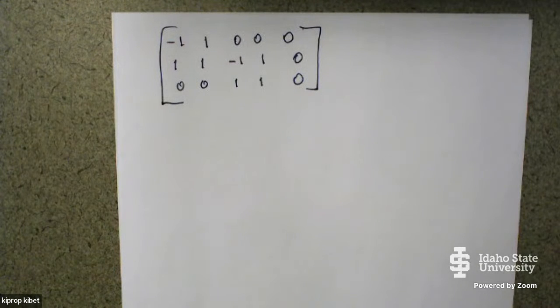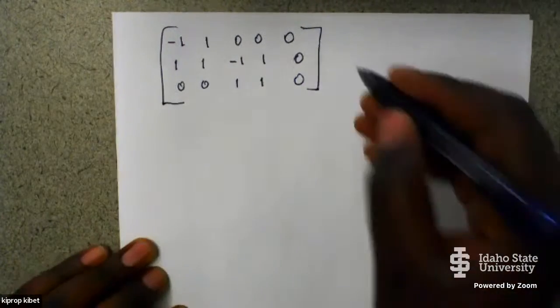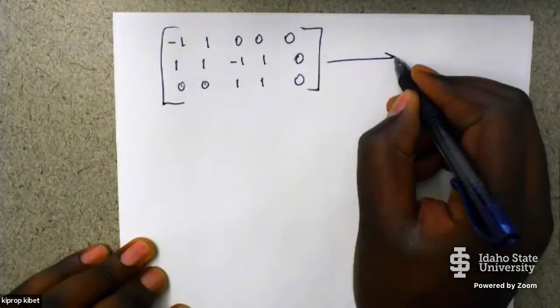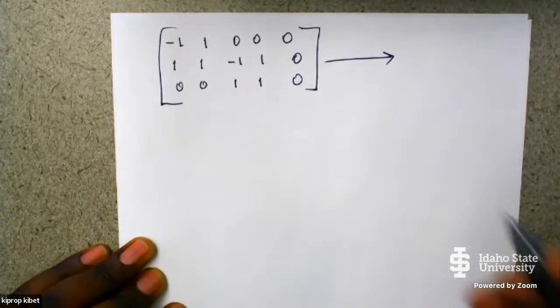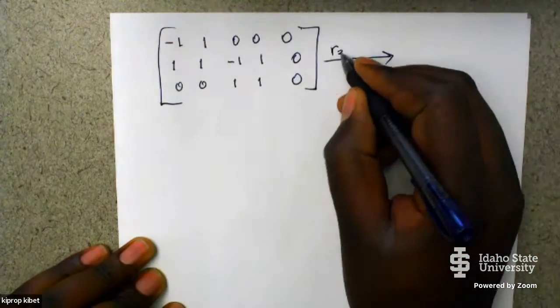Now, after seeing that this one is linearly dependent, we look for a linear relation. To get a linear relation, we need to get non-trivial solutions here. So we reduce this completely to get non-trivial solutions.